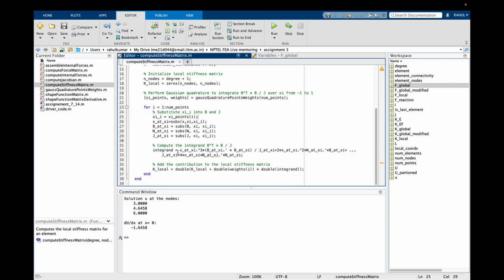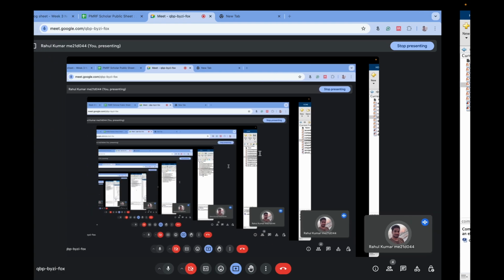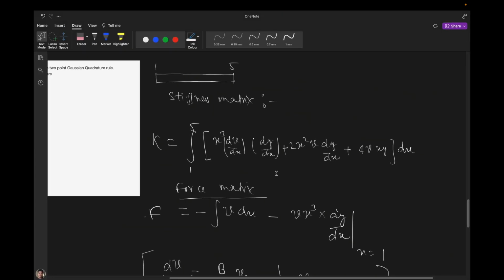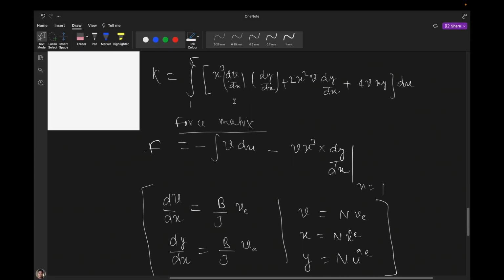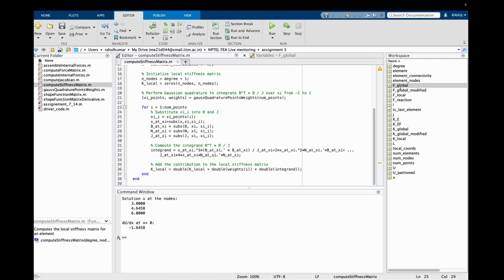Okay, so here you can see that that is x cube into b transpose into b, and divided by j. You already saw that we have to write 2 times j. Okay, and because of this dx another j will come and j j will cancel out, so that's why only one j will come.